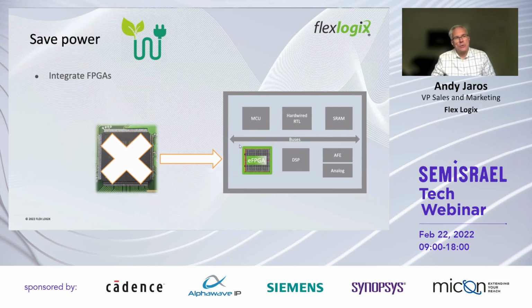And that leads to the benefits of integrating the embedded FPGA on-chip. Wherever it is possible to do any type of integration, the system that the chip is going into will save on power and reduce the number of redundant circuitries on chip.